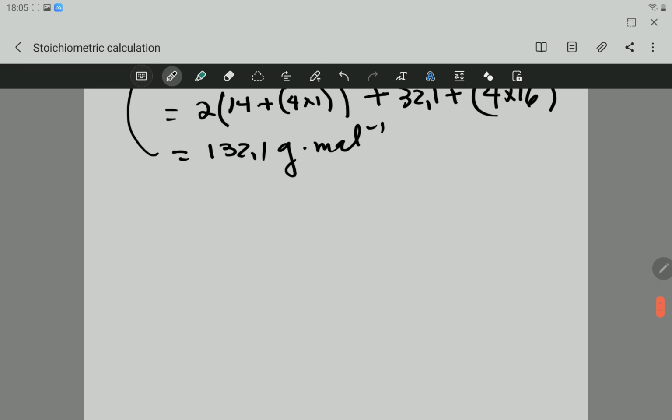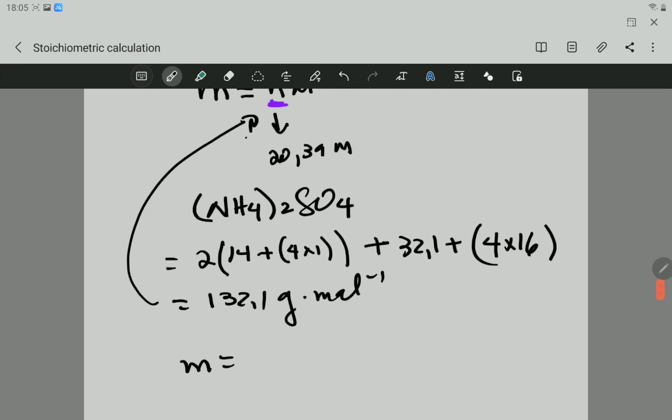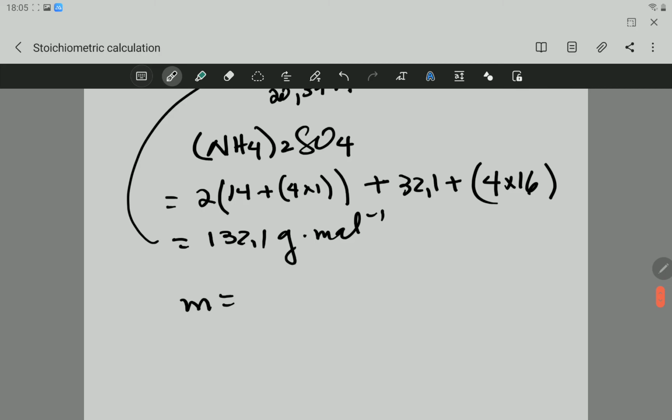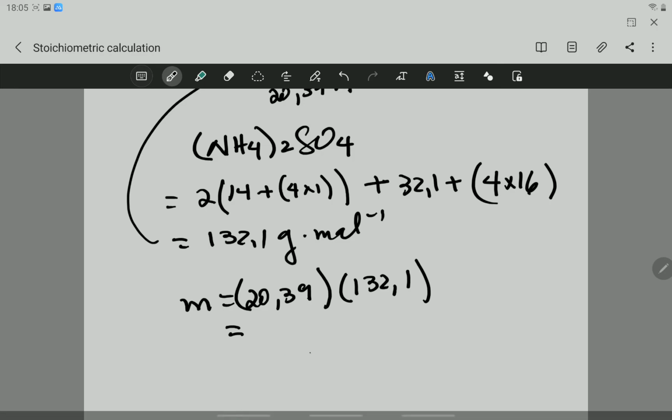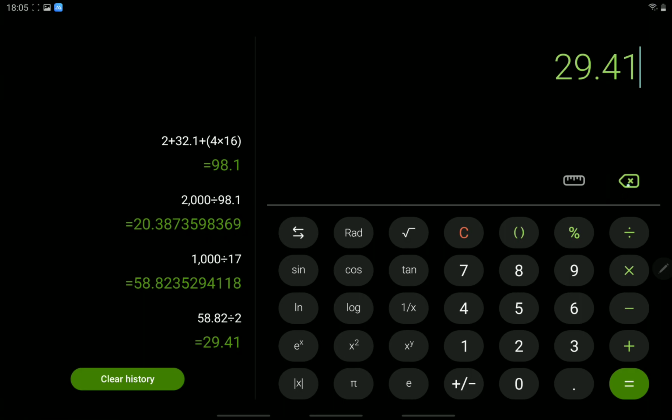And now we can substitute this one there. So the mass is equal to the number of mole, which is 20.39, multiplied by the molar mass, which is 132.1. So let's calculate 20.39 times 132.